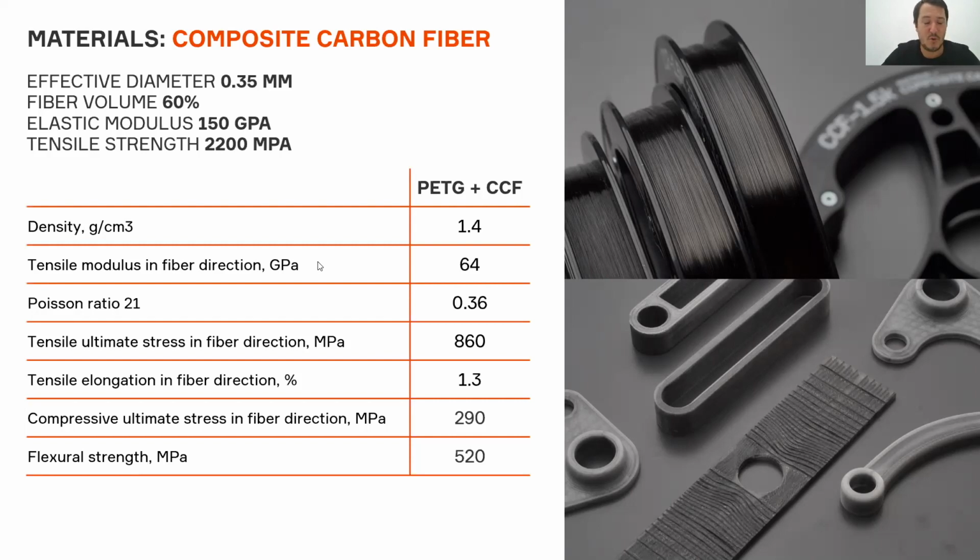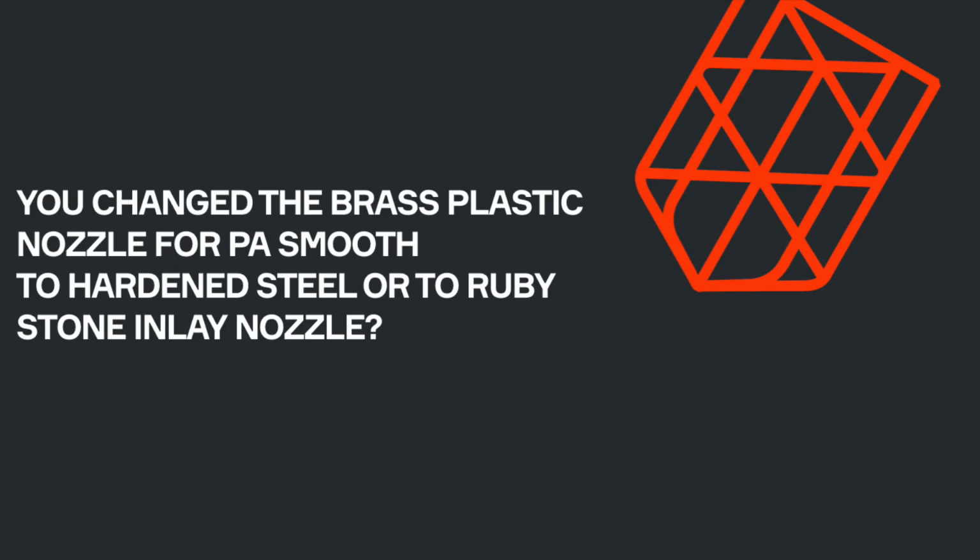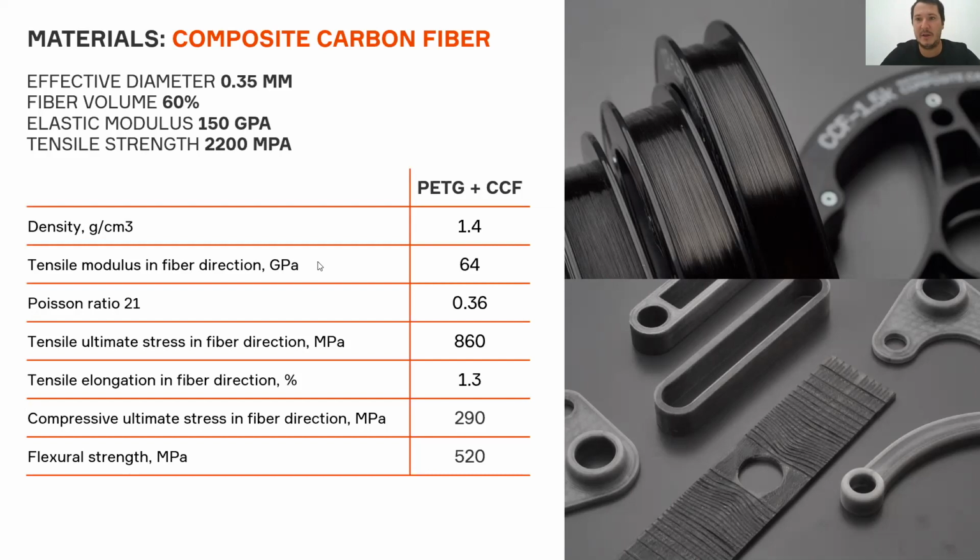Yes, question from Yannick. For the smooth PA, as it's a chopped-fiber-filled material, of course a hardened steel nozzle is needed. On all the new machines that will be shipped with the smooth PA, starting from the end of November, there is a hardened steel nozzle instead of the brass nozzle on the plastic extruder.